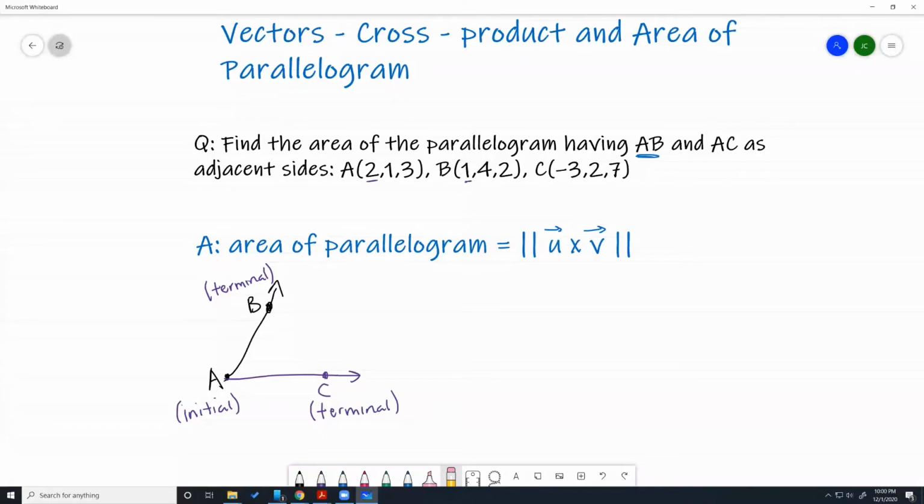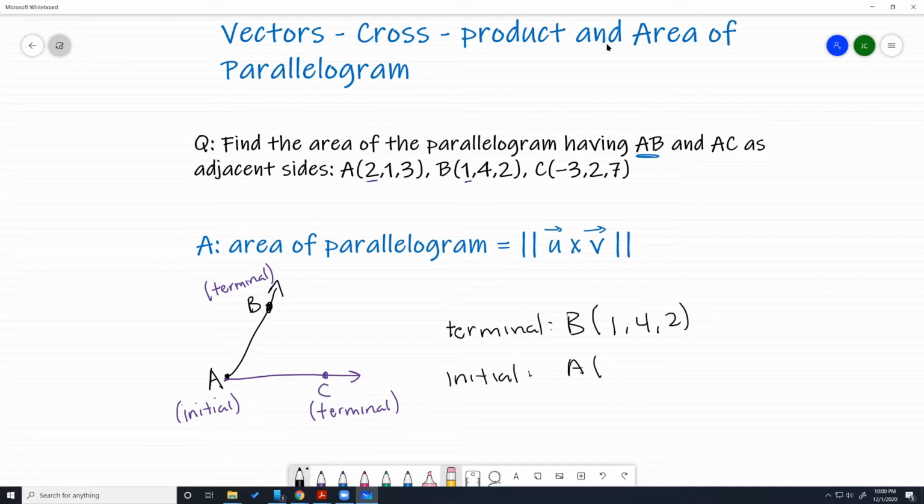So for example, if I call my terminal point B, that's 1, 4, 2. My initial point is A, 2, 1, 3. I'll label B as x2, y2, z2, and A as x1, y1, z1.